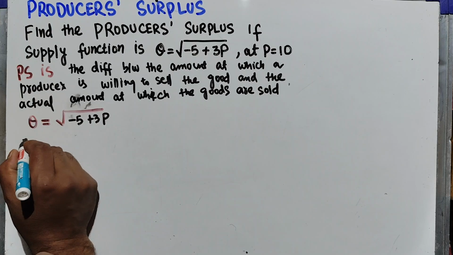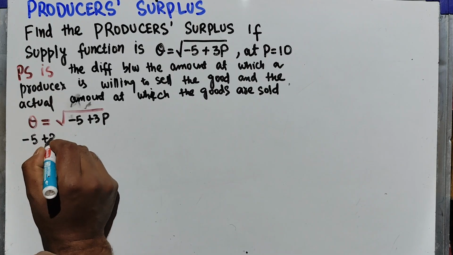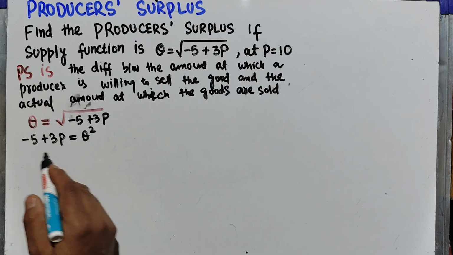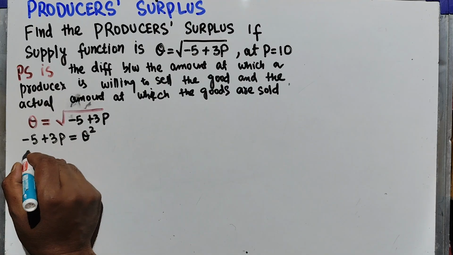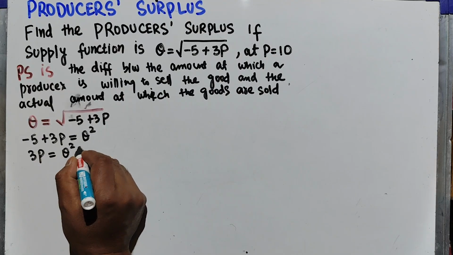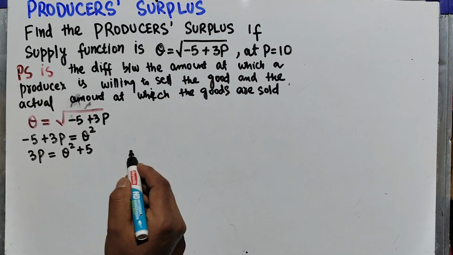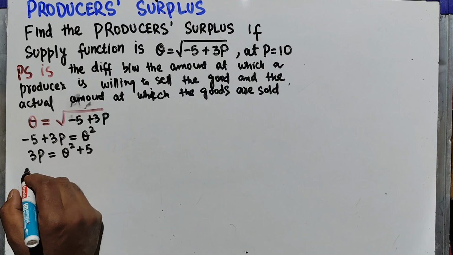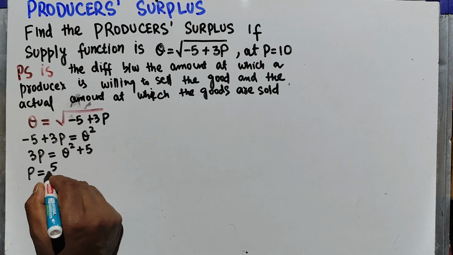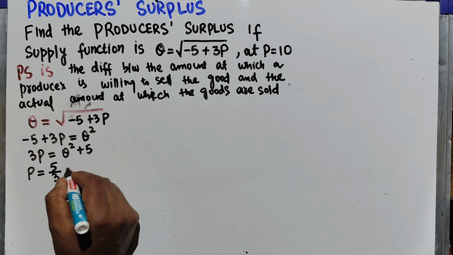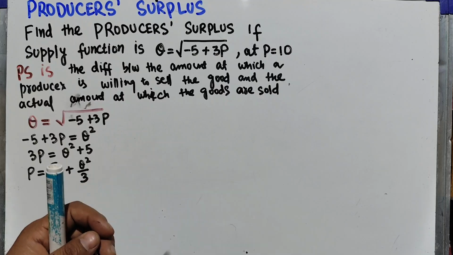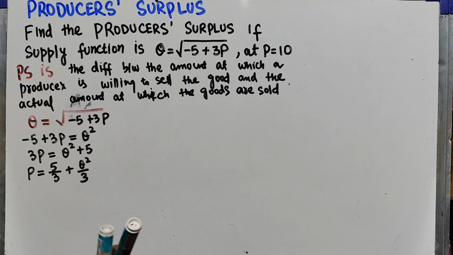So we get minus 5 plus 3P is equal to Q square. Adding 5 to both sides, we get 3P is equal to Q square plus 5. Dividing both sides by 3, we get P is equal to 5 upon 3 plus Q square divided by 3. This is our inverse supply function.